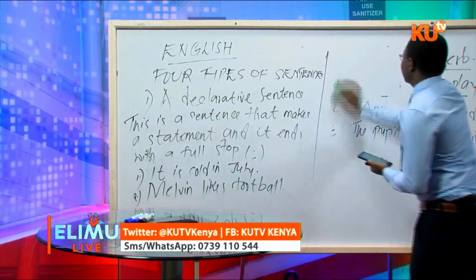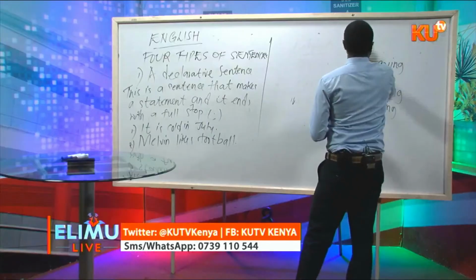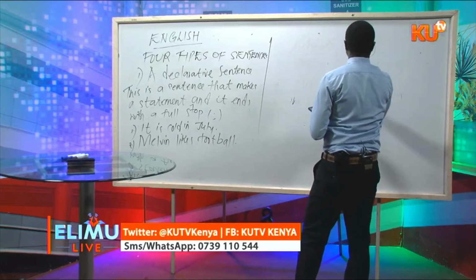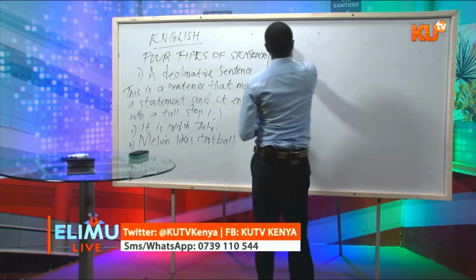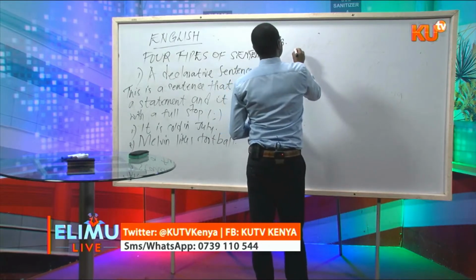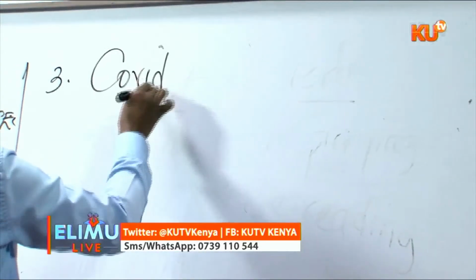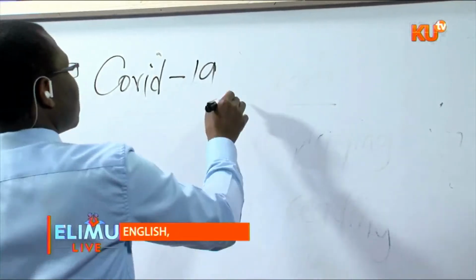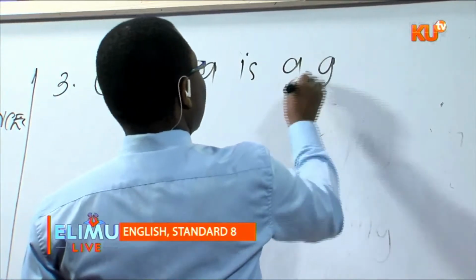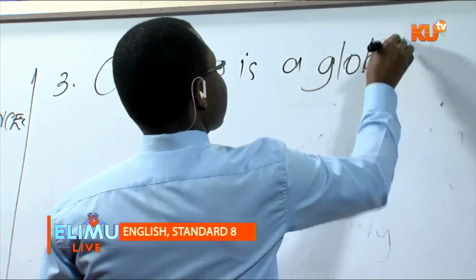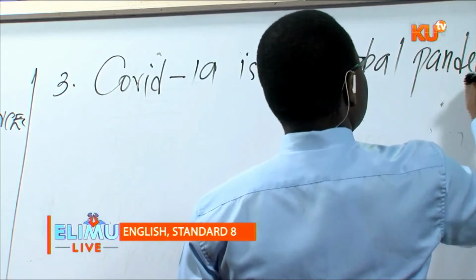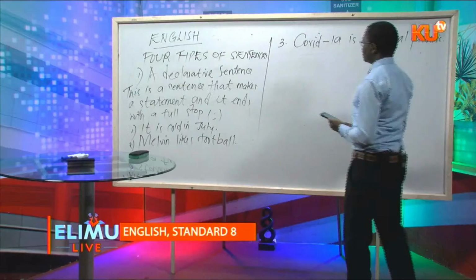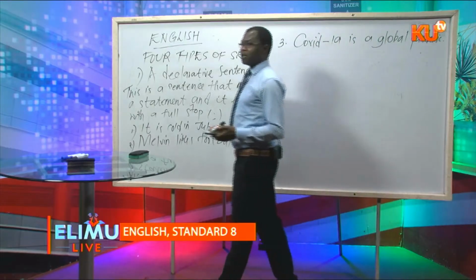Another example of a declarative sentence. We are looking at types of sentences. COVID-19 is a global pandemic.